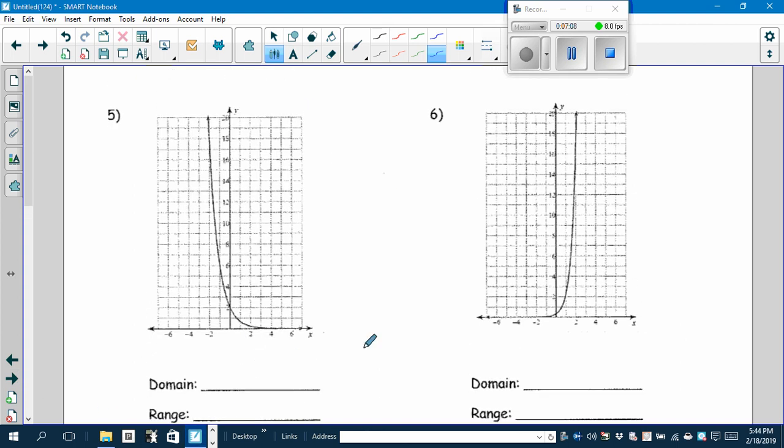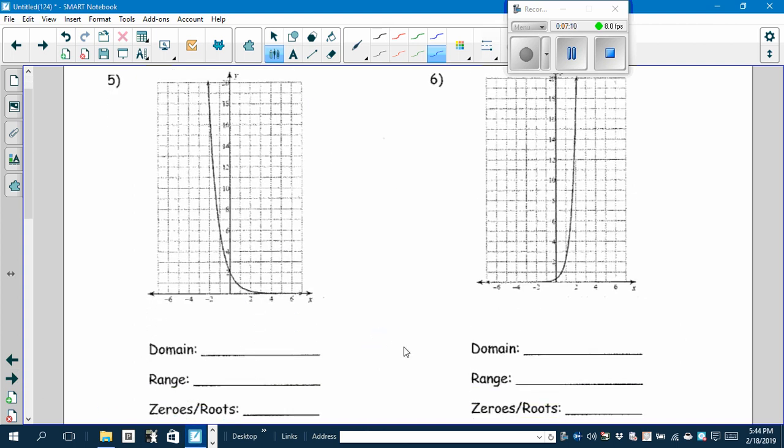Okay, now these are some other interesting graphs here. What you're going to notice is that it goes on in both directions forever and ever. So it has a domain of all real numbers for both of these, actually. All right. Now my range, it's always y is greater than or equal to 0.